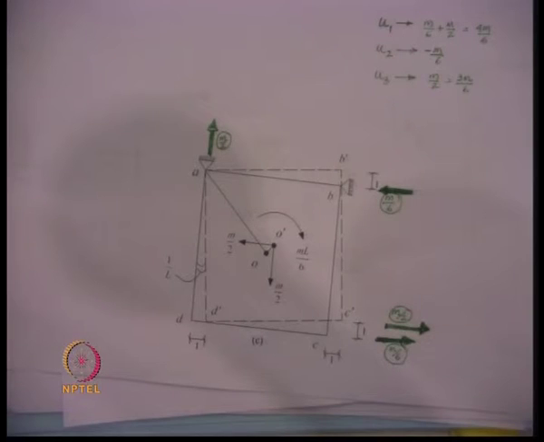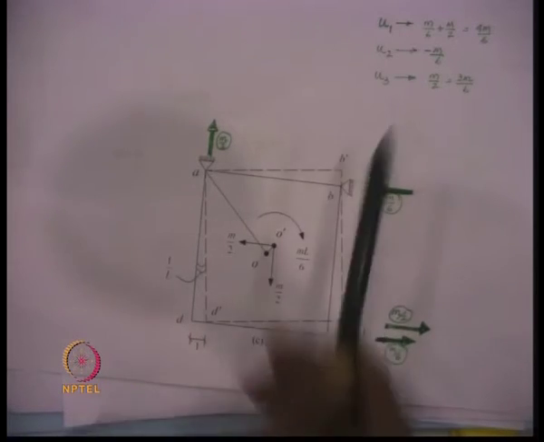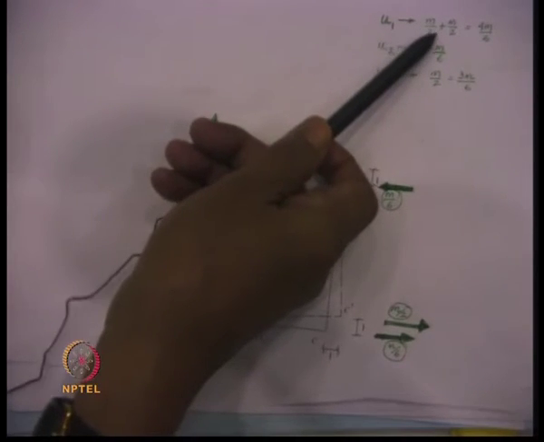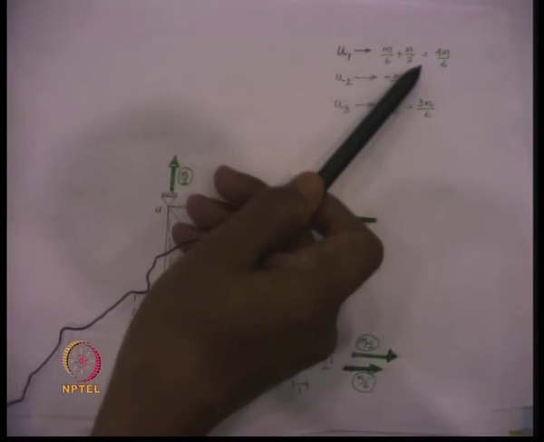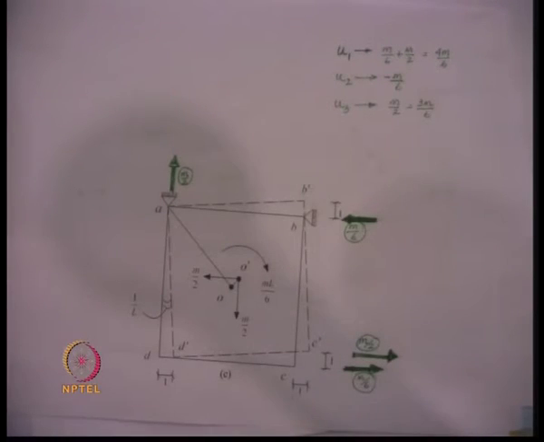Now, if we sum up these forces, then for a unit displacement given in this direction, the force generated in the same direction is equal to m by 6 plus m by 2, that becomes equal to 4m by 6.